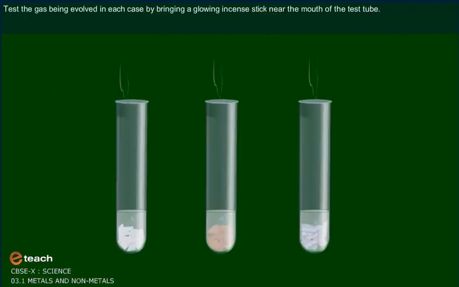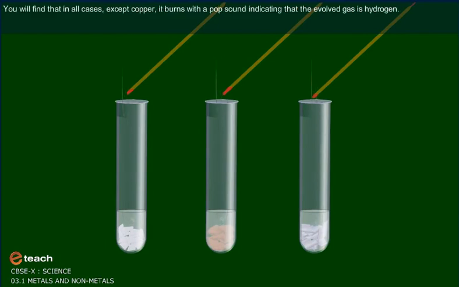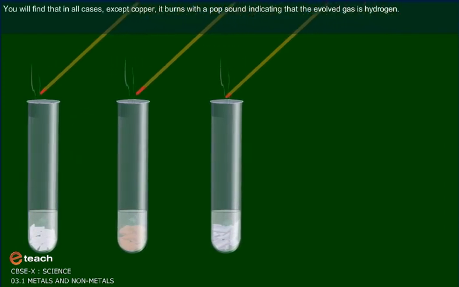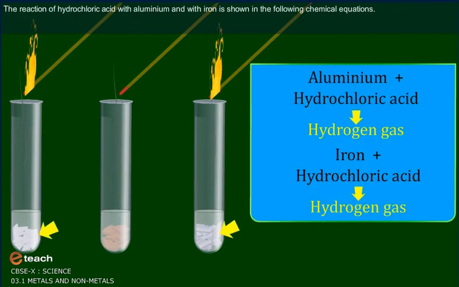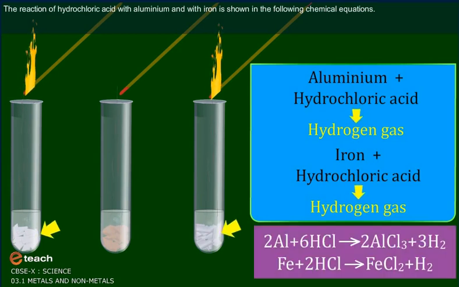Test the gas being evolved in each case by bringing a burning incense stick near the mouth of the test tube. You will find that in all cases except copper, it burns with a pop sound, indicating that the evolved gas is hydrogen. The reactions of hydrochloric acid with aluminium and iron are shown in the following chemical reactions.